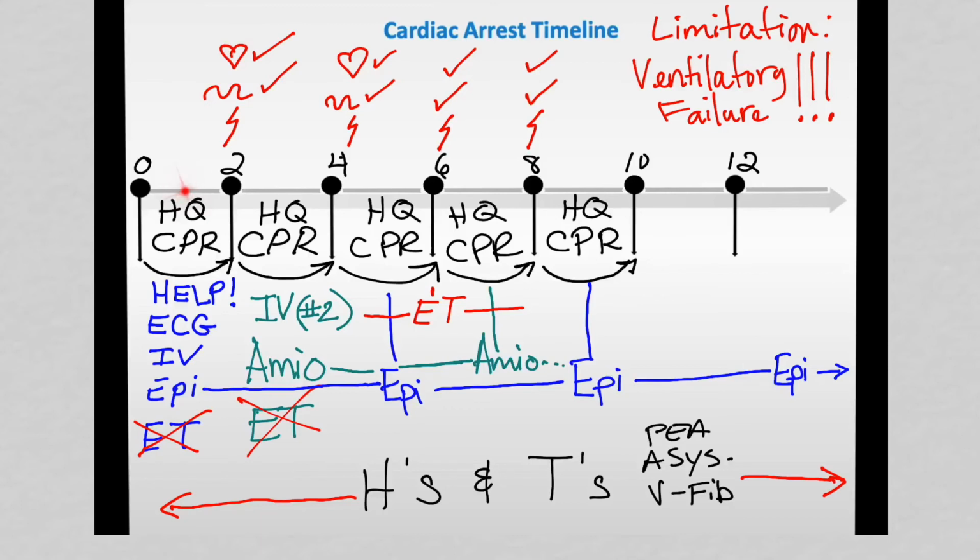So if you don't think about the H's and T's, if you don't consider that ventilator, then you're not going to get that patient back until you correct that problem. So ventricular fibrillation, not likely to be caused by these things as a presenting thing, but it's possible. You should be thinking about it the whole time.